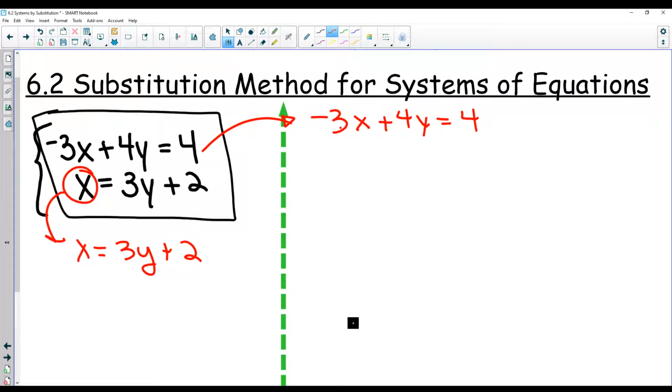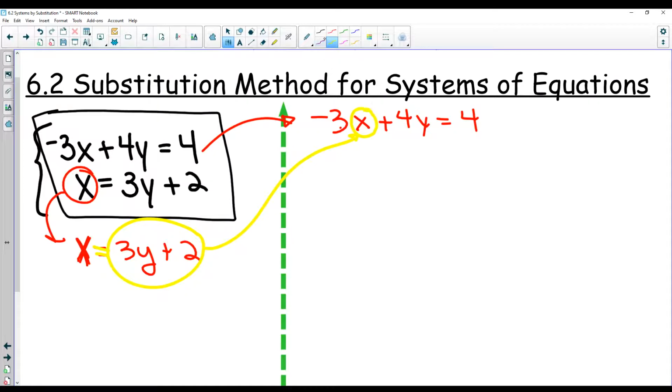Okay? Now, here comes the substitution part. This is where it's kind of like a scavenger hunt. This is your clue. If it says x equals, then that means that this stuff is equal to x. So we are allowed to go into the other equation and put this stuff in here for x.